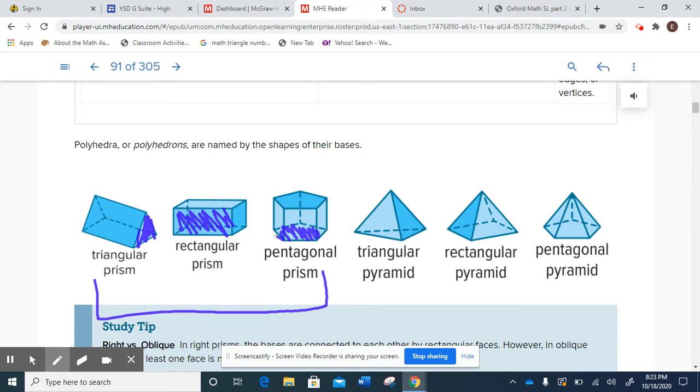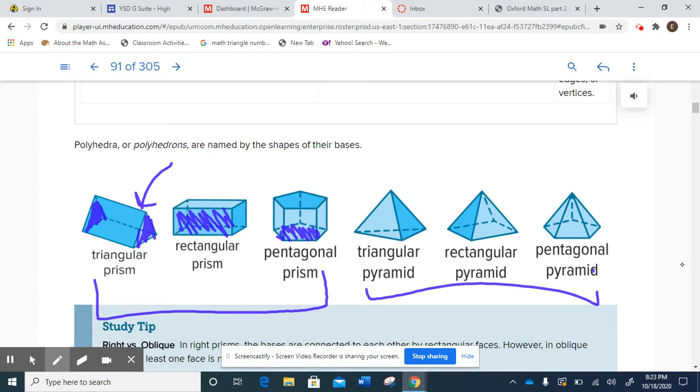So you can have hexagonal prism or octagonal prism, depending on what kind of base you have. So as you can see on the triangular prism, the base doesn't always mean bottom, right? The base is basically whatever shape that you have that's matching. In this case, the bases of the triangular prism are going front and back instead of top to bottom.